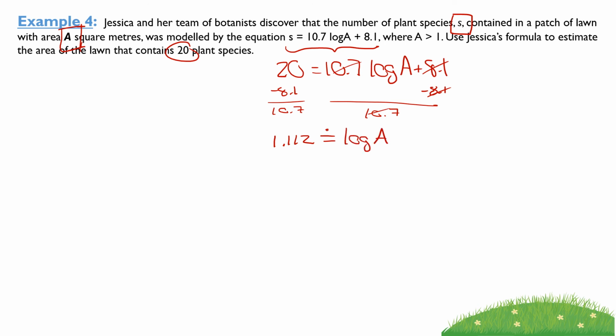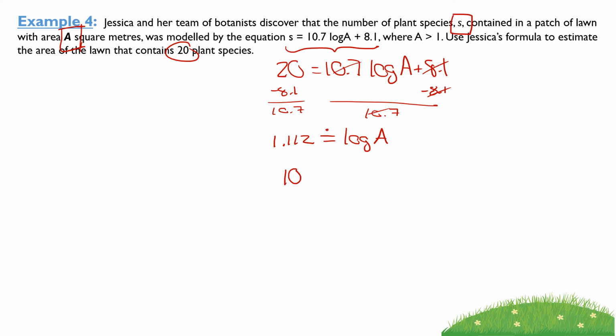Now do you remember what I told you when you have on one side a log and on the other side a constant? Yes, I know you remember. It was just 5 minutes ago. We're going to convert it to exponential form. So converting to exponential form, what's my base? That's an invisible base there of 10.